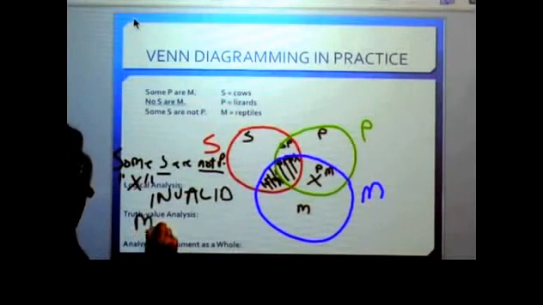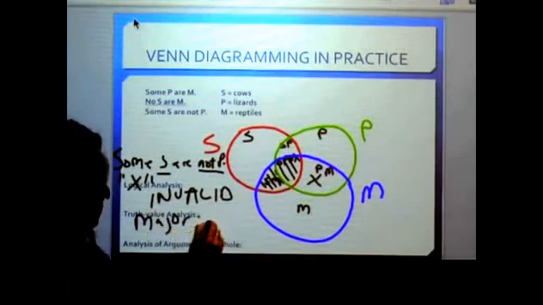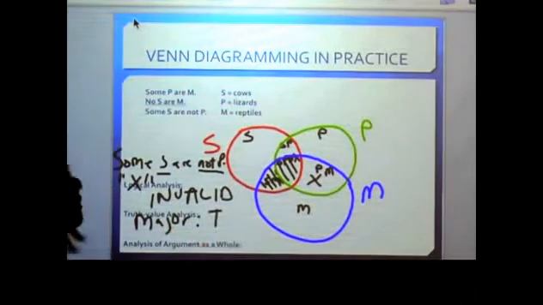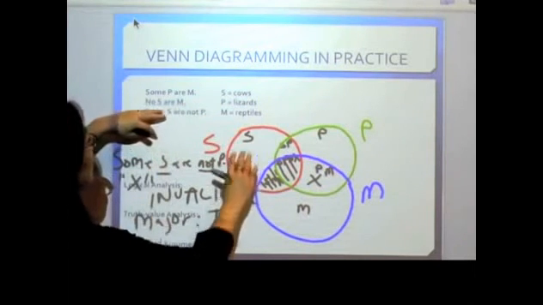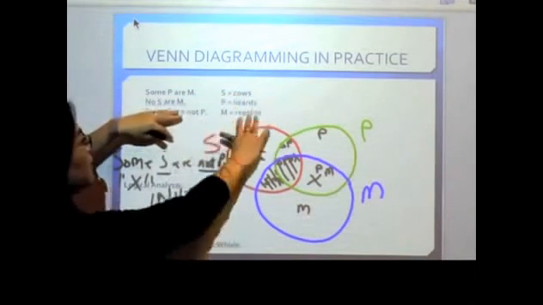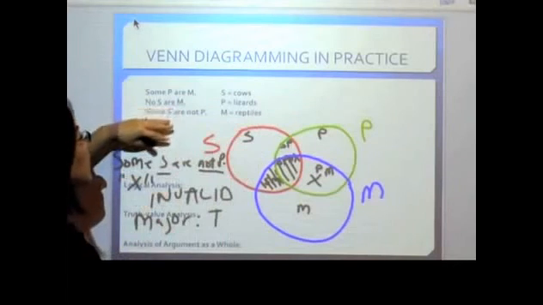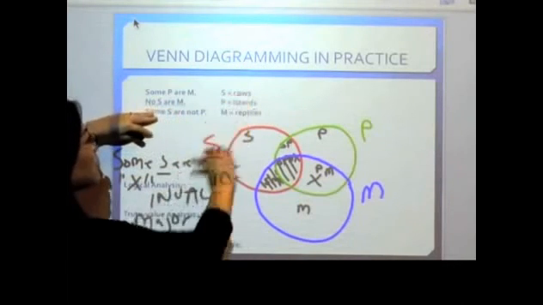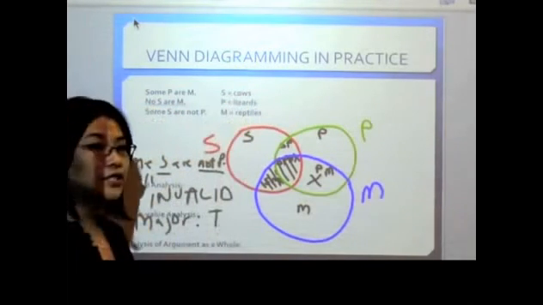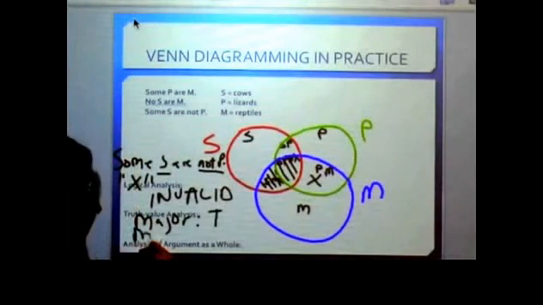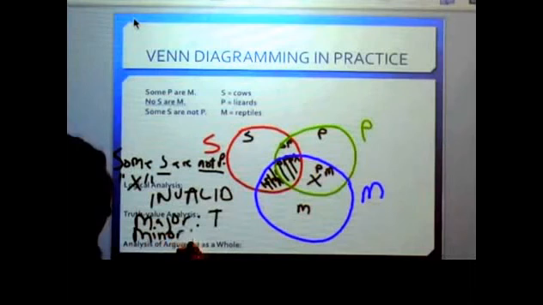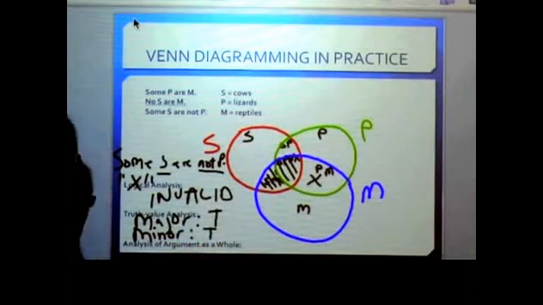The minor premise says no S are M, where S is cows and M is reptiles, so it says that no cows are reptiles, and that's actually true as well. So the minor premise is also true.